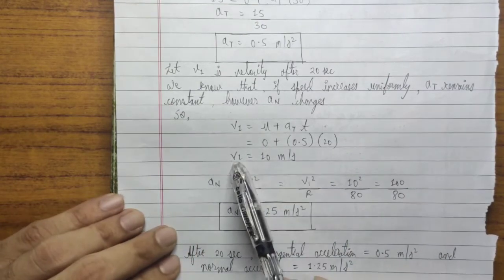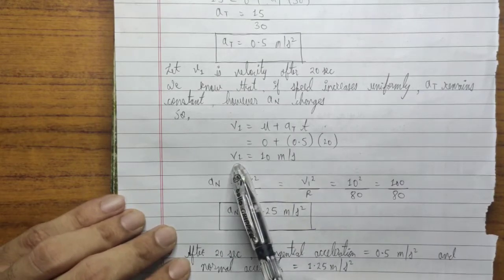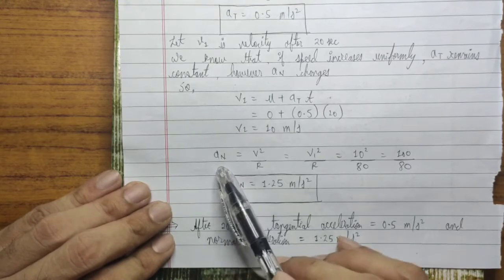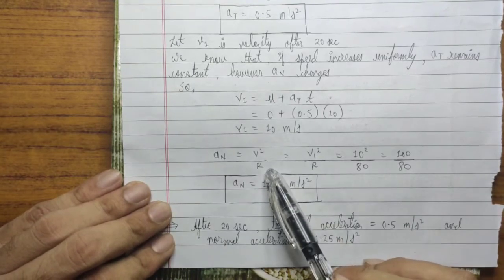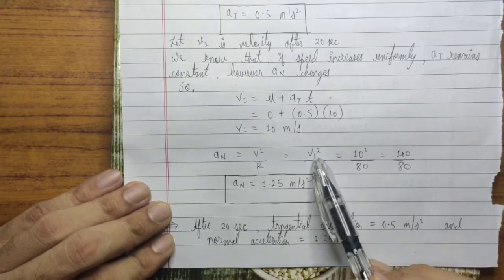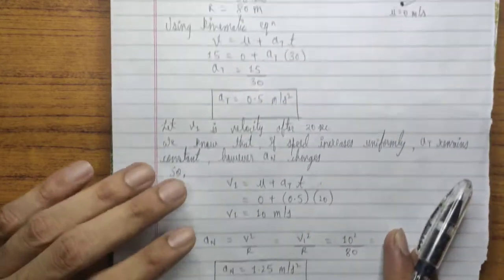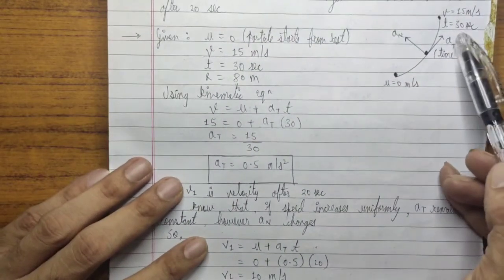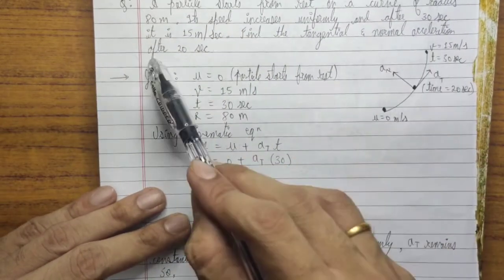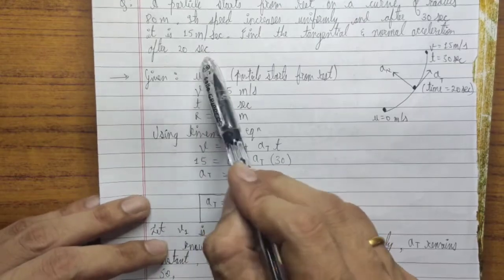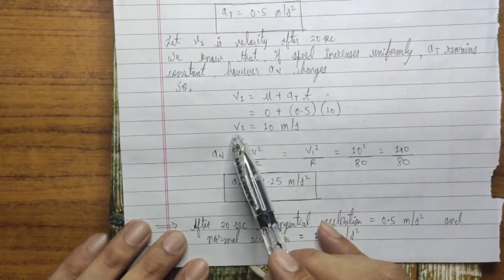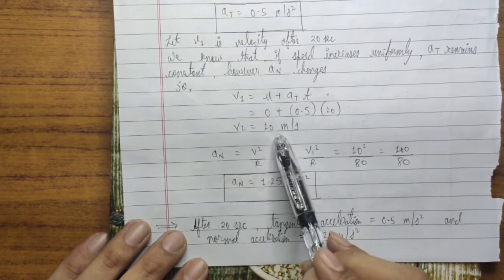Since we have the value of velocity, we can now find the normal acceleration. Normal acceleration is v square upon r. This is the basic formula, and in this case v is v1. We have to find the normal acceleration after 20 seconds, so first we calculated v, which is v1, that is 10 meter per second.